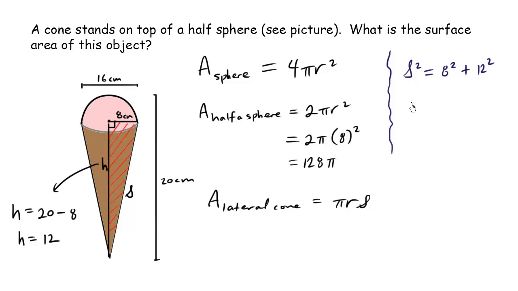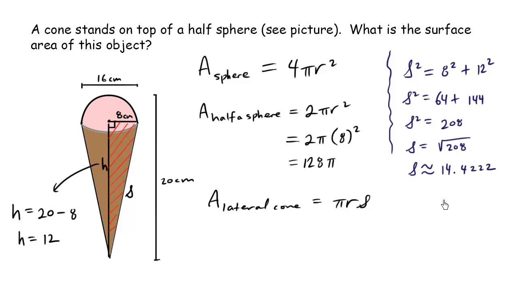So using your calculator, s squared equals 64 plus 144, so s squared equals 208. So s is equal to the square root of 208, which is approximately 14.4222.